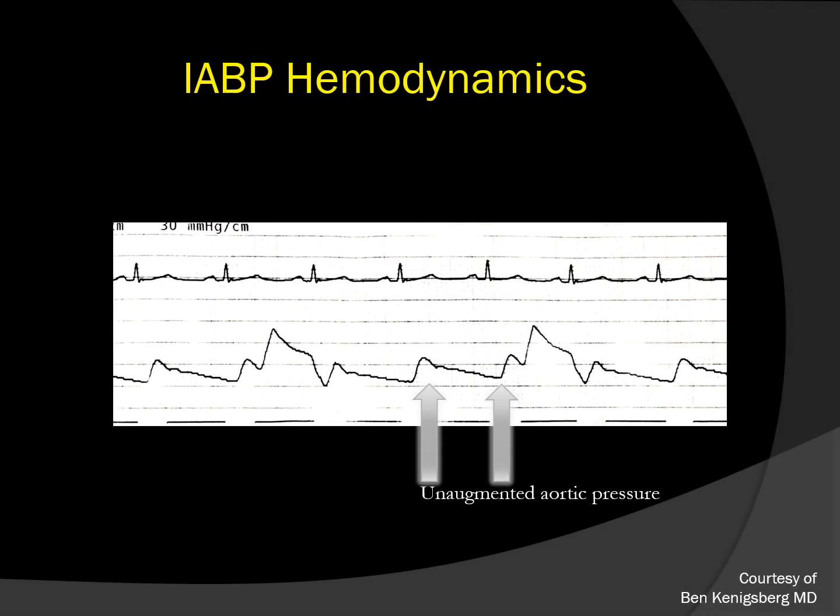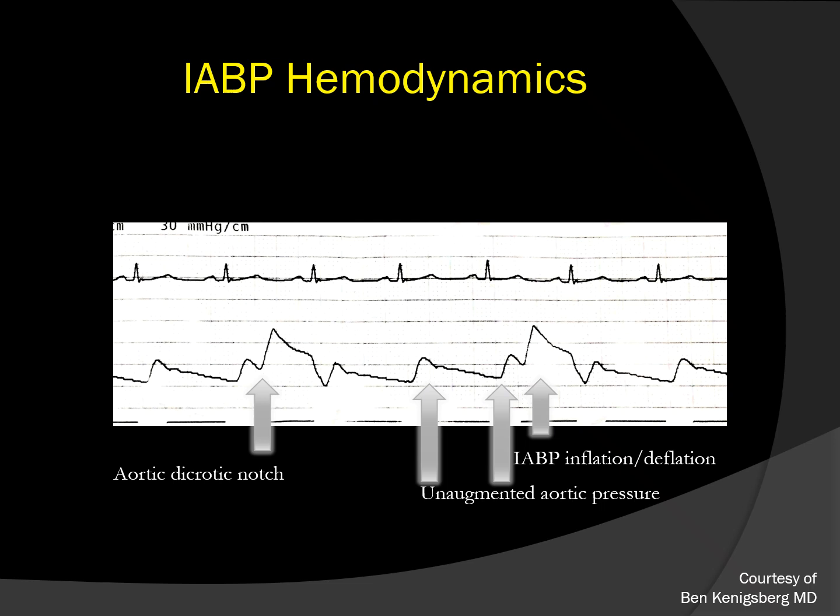Now let's review the pressure tracings in a little bit more detail. Here on the left arrow, you can see that there is no augmentation of the aortic tracing, neither in diastole or before systole. Here on the right side, there is a diastolic augmentation right after the dicrotic notch, with a deflation occurring just before systole of the next aortic tracing.